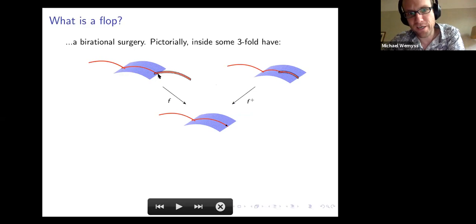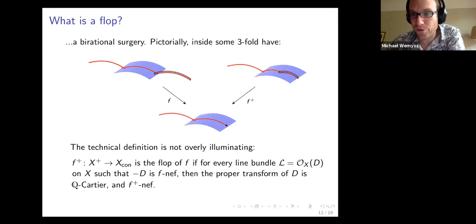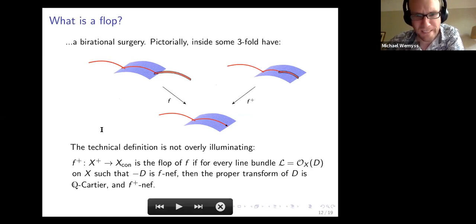So this curve, I've cut it out and glued something back in, but the variety has genuinely changed by doing this. That's the intuition behind what a flop is. The technical definition isn't necessarily going to help, but let me talk you through roughly how it goes. This F is what's called a flopping contraction. You have a curve and you've contracted it to a point.